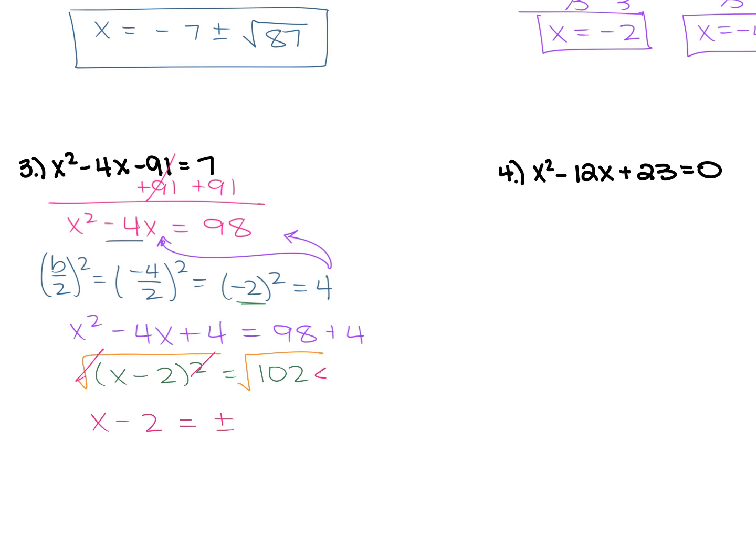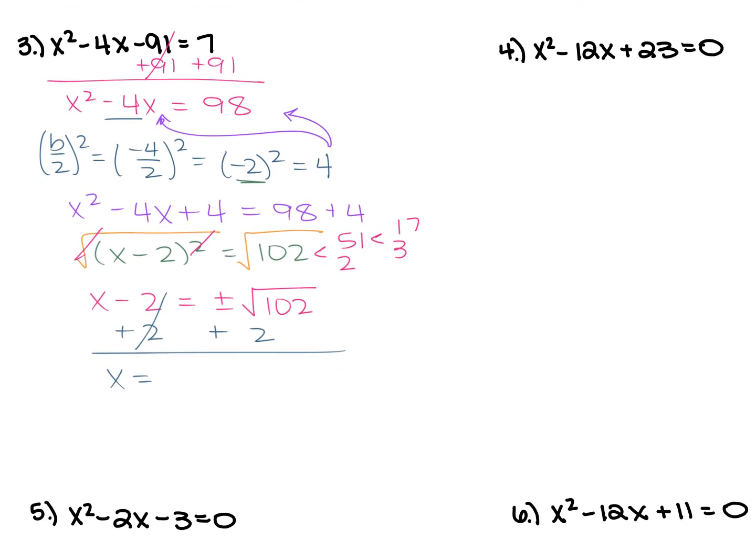It simplifies by dividing by 2 and 51. That 51 is 3 and 17. None of these numbers pair up as 2 of the same number, so we're going to keep it as the square root of 102. From here, we add our 2 over, and that leaves us with x is equal to 2 plus or minus the square root of 102.